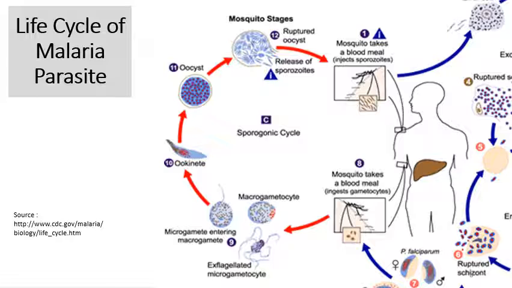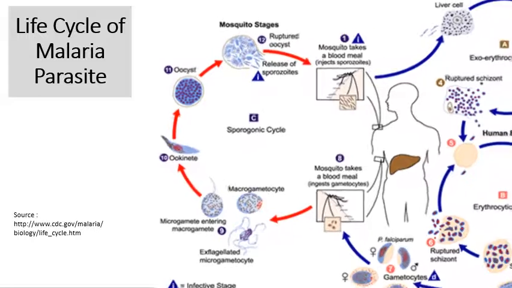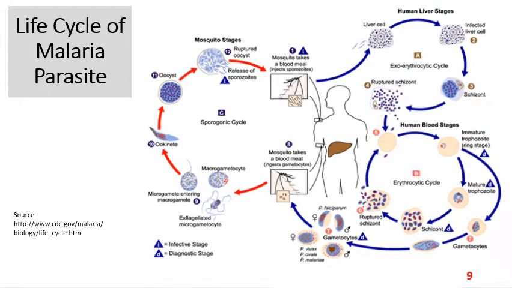From there, they travel in the lymph and then migrate into the salivary gland. Then from the salivary gland, the sporozoite is ready to be injected into man again the next time the mosquito takes its blood meal.